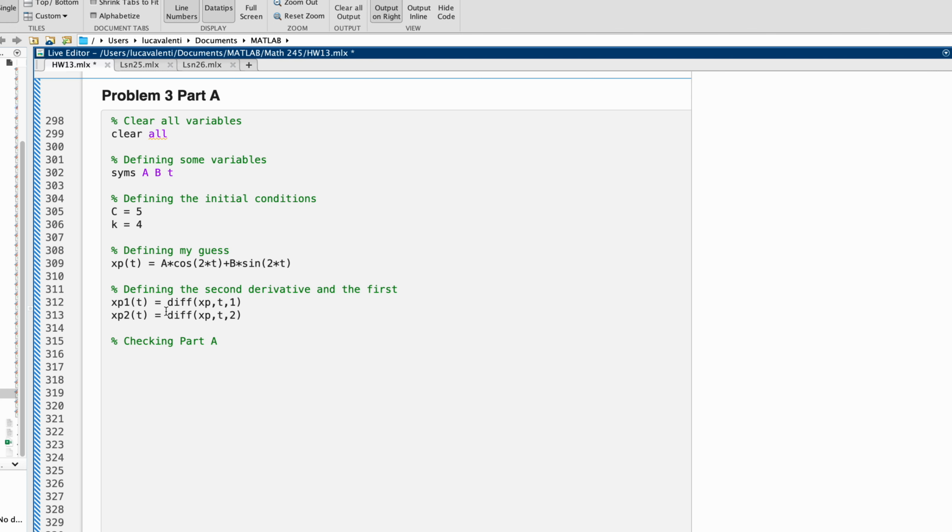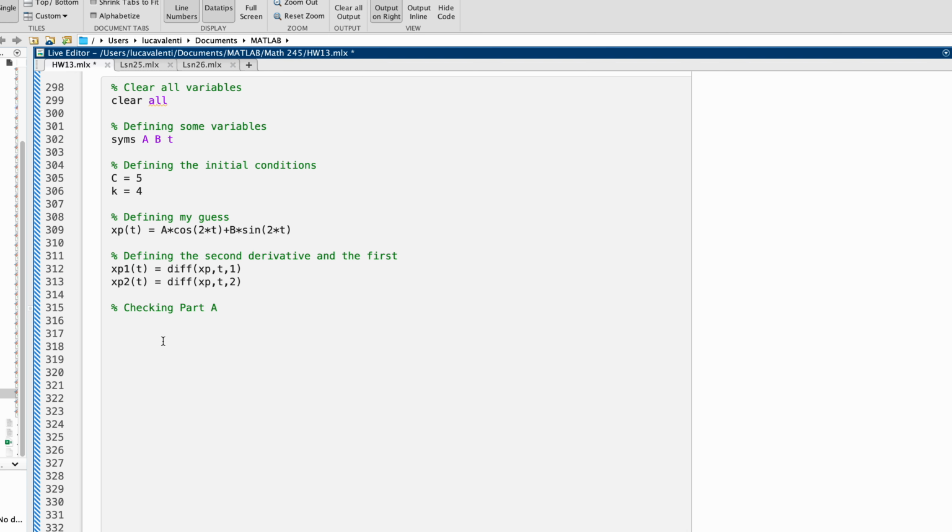Now if C is 5 and K is 4, then we're going to have the initial model, which is going to be x_p2 plus C times x_p1 plus K times x_p, and all of that should be equal to, and I really want it to be equal to 12 times the cosine of 2t.